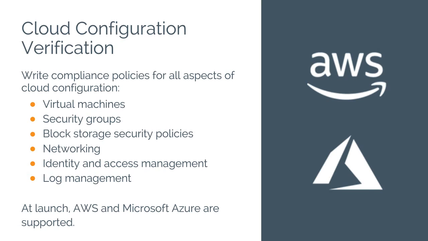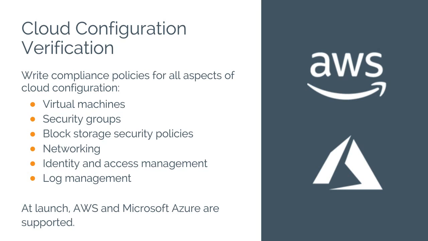And with that, we really see where the cloud configuration verification enabled by InSpec 2.0 becomes very powerful. Being able to evaluate things like our security groups, like our networking and block storage is crucial, and indeed is often a vector for security flaws.